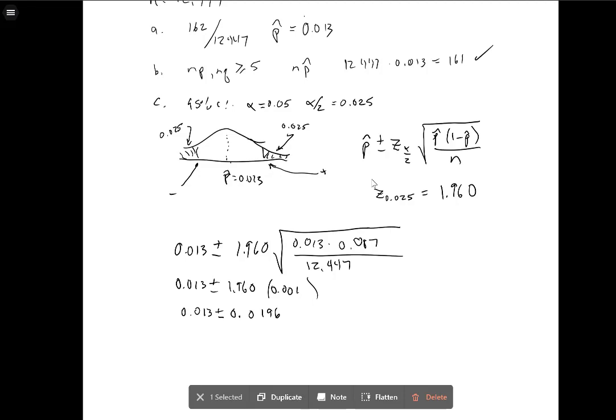No, I had it right. There's the extra 0 there. So we wind up with our confidence interval being 0.011 and 0.015. So the 95% confidence interval is 0.011 to 0.015. And there we go.